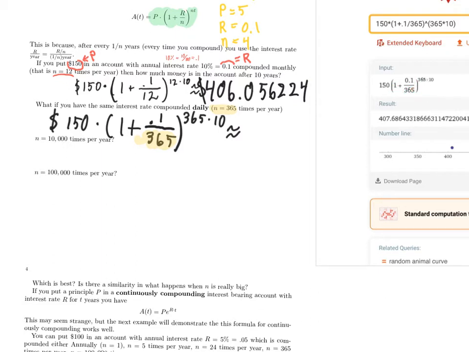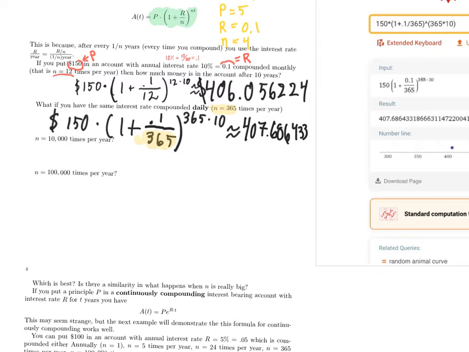And we get a total which is indeed better than we had before: 407.686433. And the next digit is 1, so it should round down. Okay, so that agrees with the pattern we noticed.